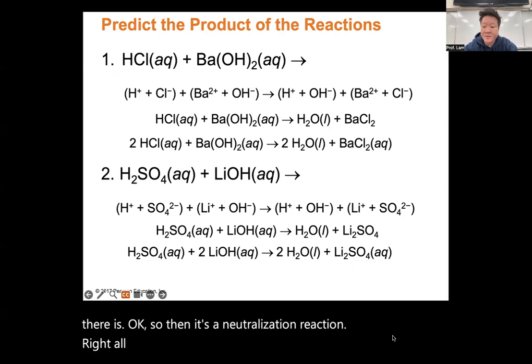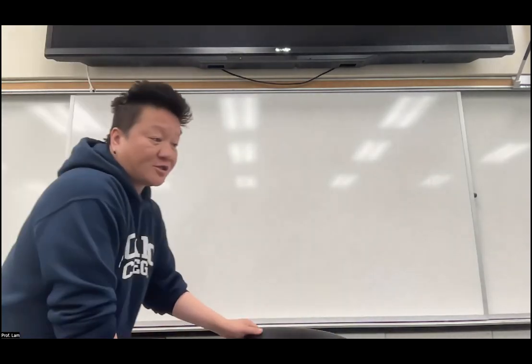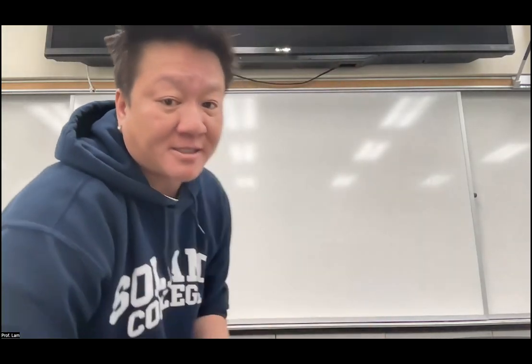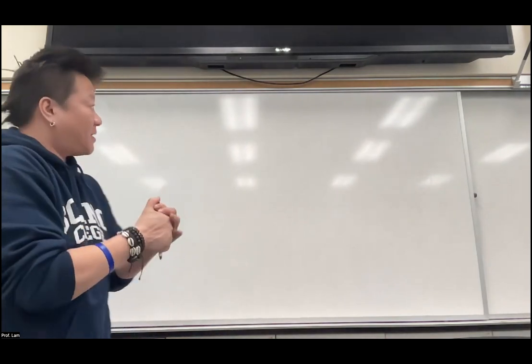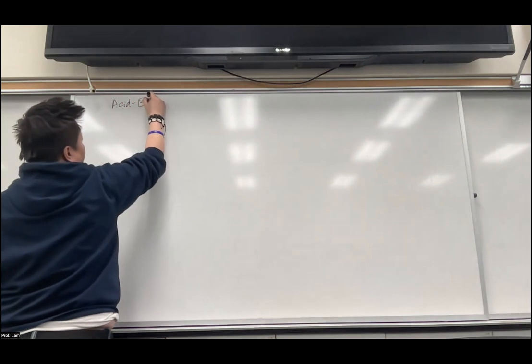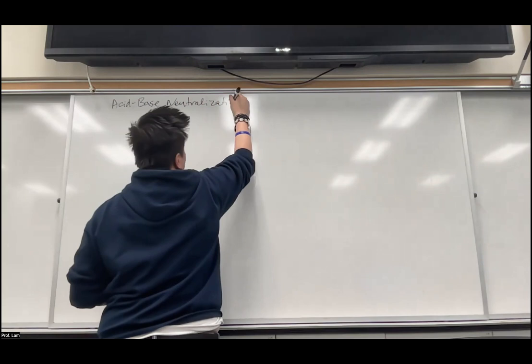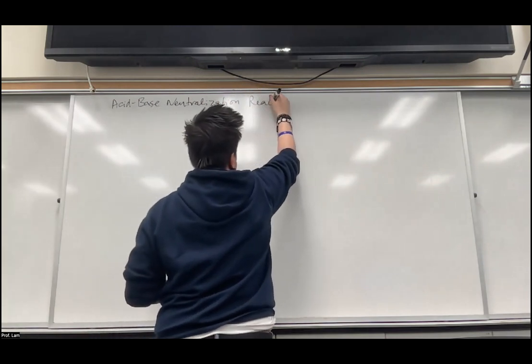All right, so let's switch to the board and we're gonna practice some more with predicting acid base products. It's just again, right? Double displacement, but let's practice, okay? So acid base neutralization reactions.